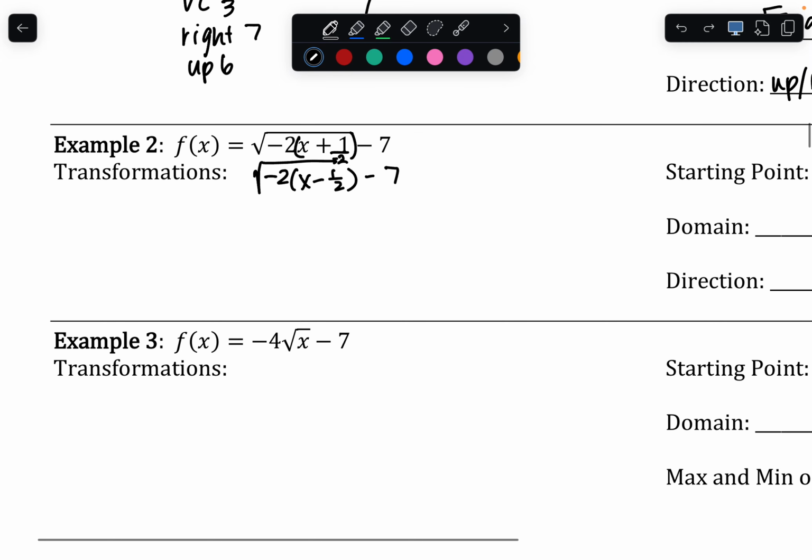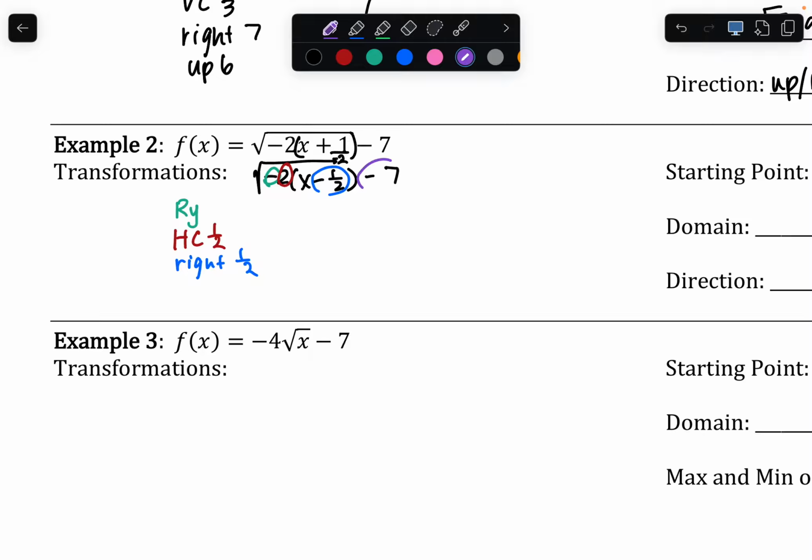Okay, and so now when I'm listing my transformations, this negative inside is a reflection across the y-axis. This 2 inside is a horizontal compression by 1/2. This minus 1/2 moves us to the right 1/2.